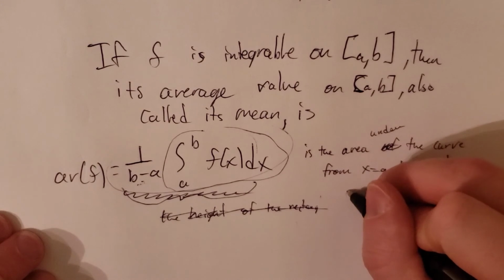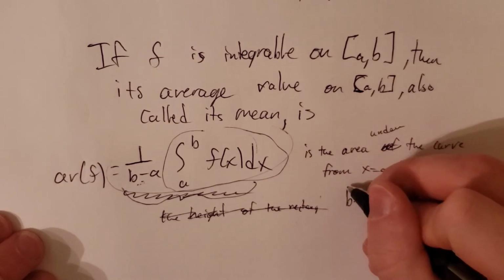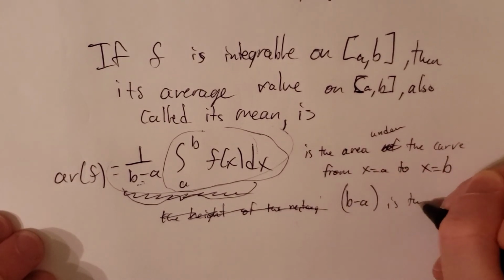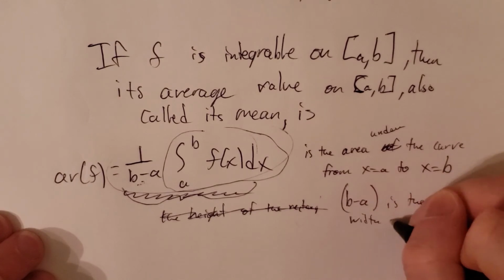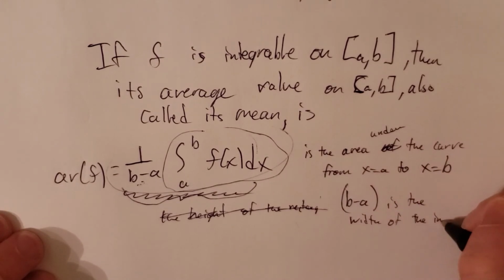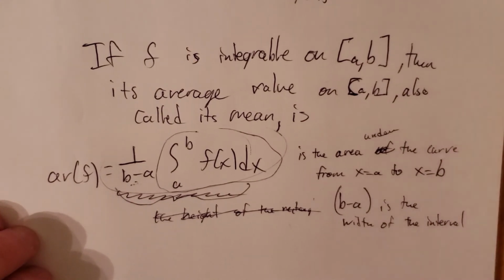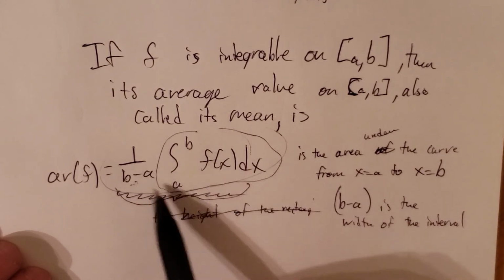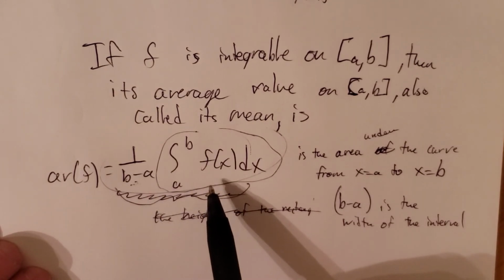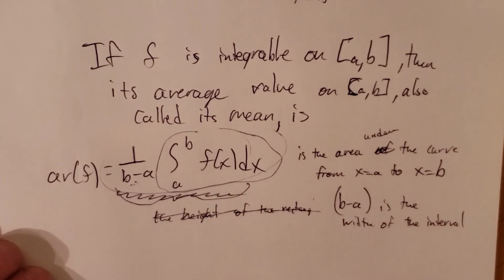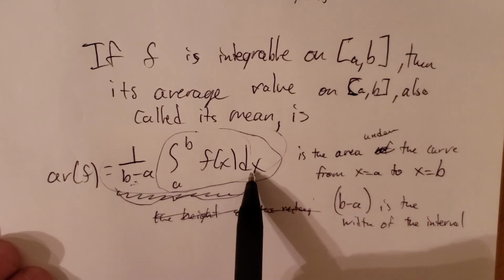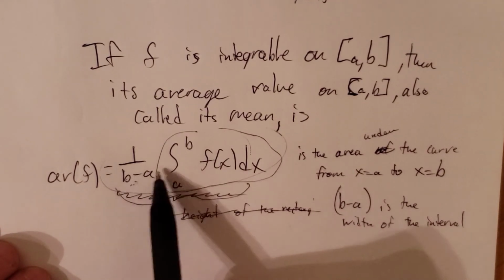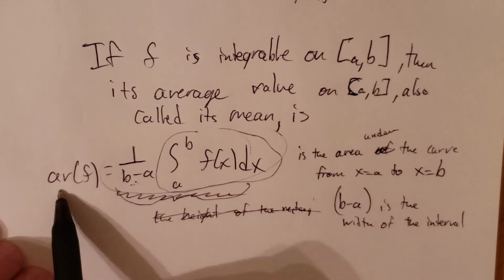So b minus a is the width of the interval. And if we transformed this area into the same area but in the shape of a rectangle, and we take the total area and we divide by the width, then what we get out is the height.